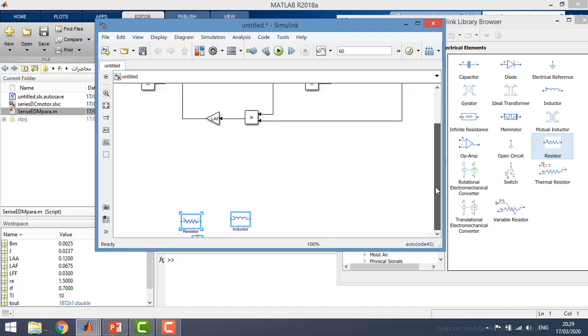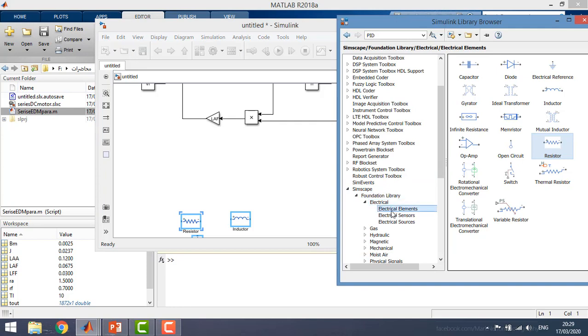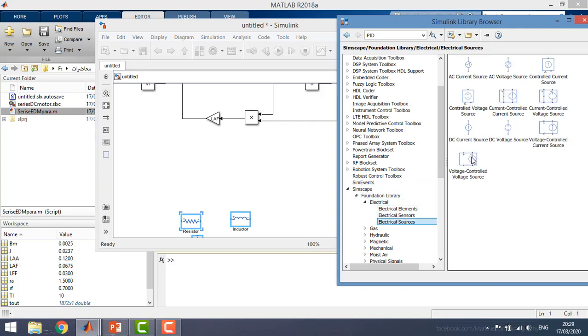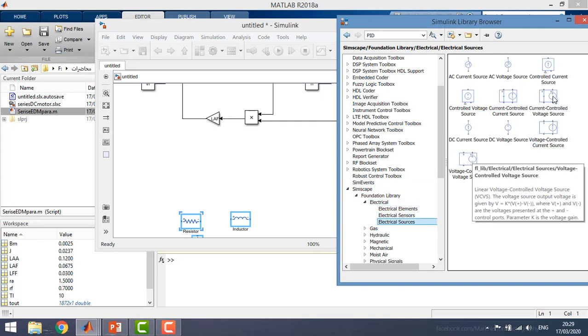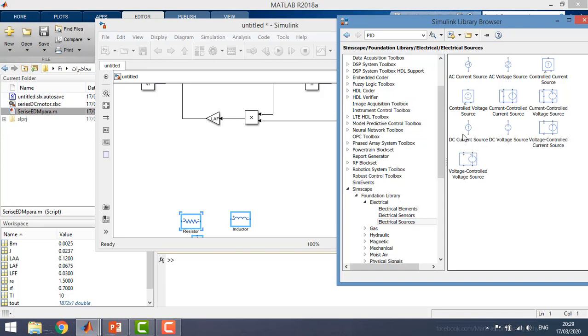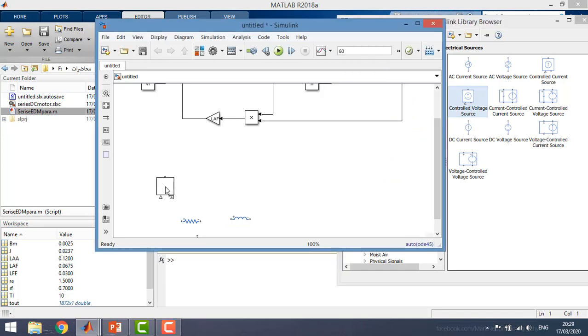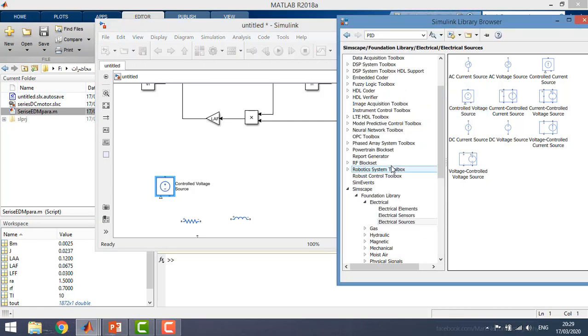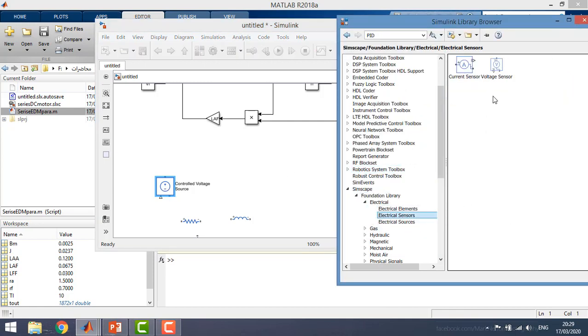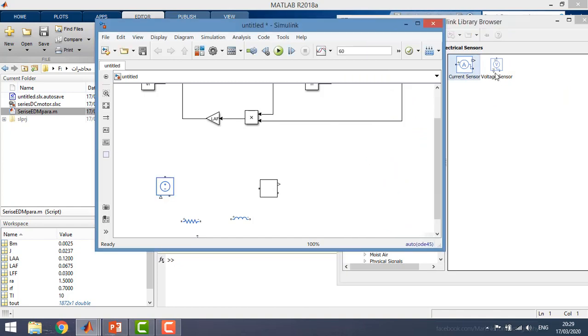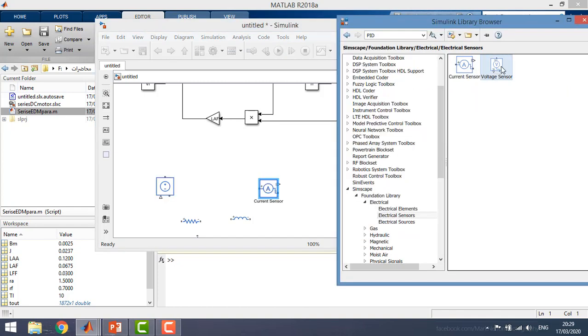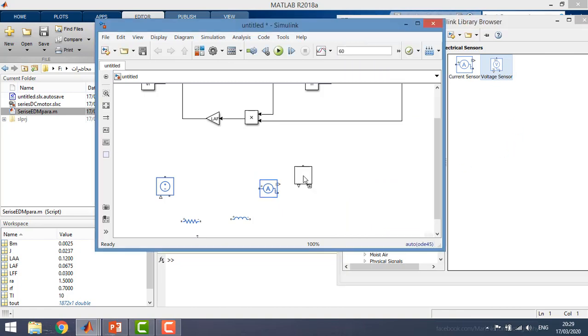Alright, we would like to have a controlled voltage source, which is this one, and from sensors we like to have, well, both, I guess, current sensor and voltage sensor.